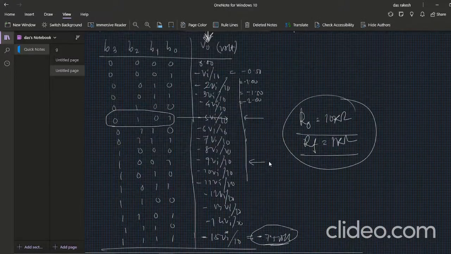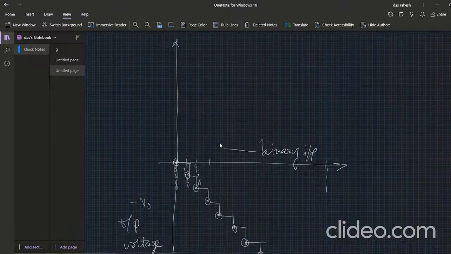So now this is the graphical representation of this digital to analog converter.